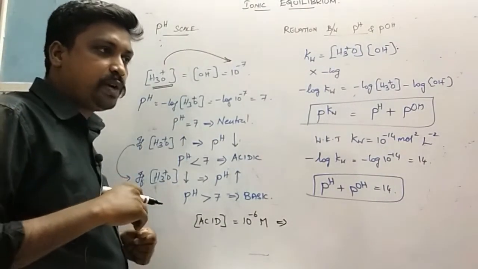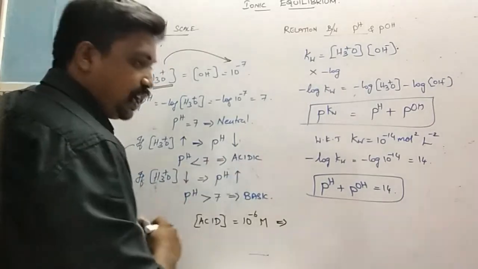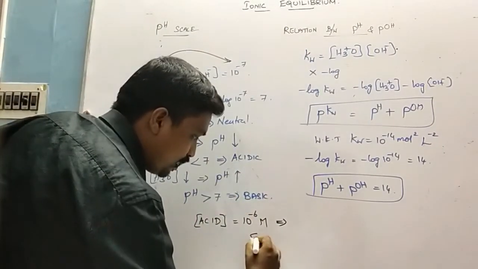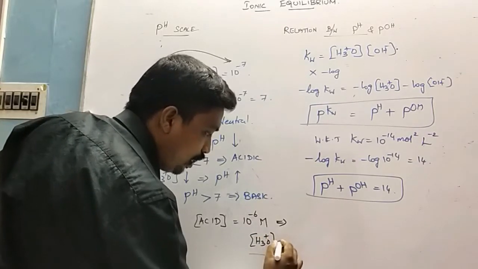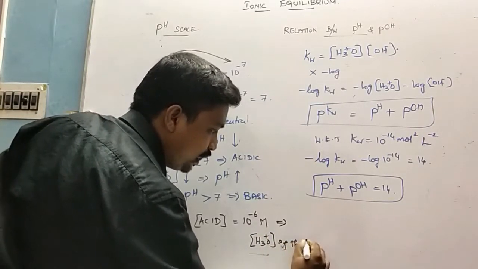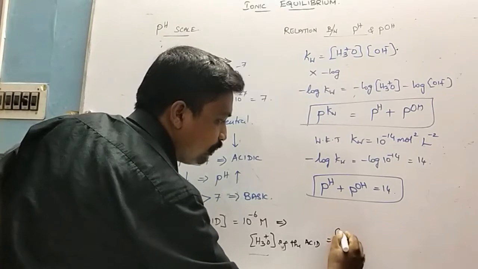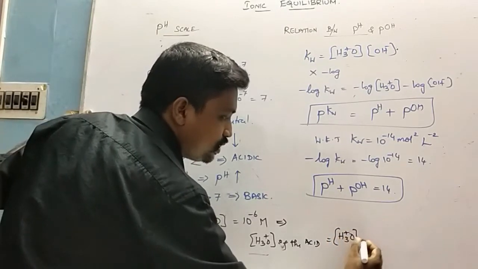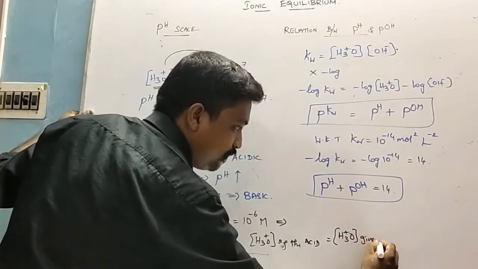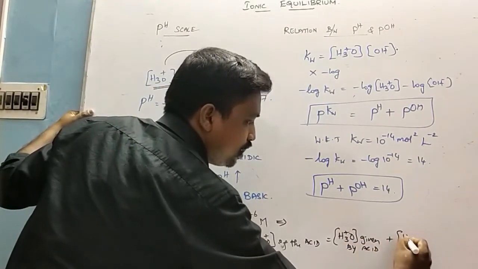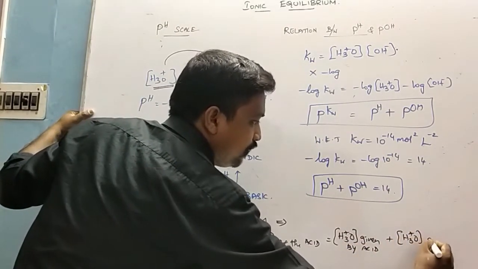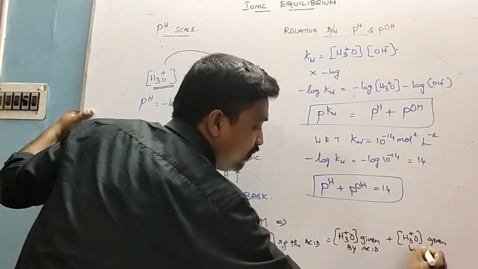So for such cases, the concentration of H3O plus is equal to the concentration of H3O plus ions given by the acid, plus the concentration of H3O plus given by water.